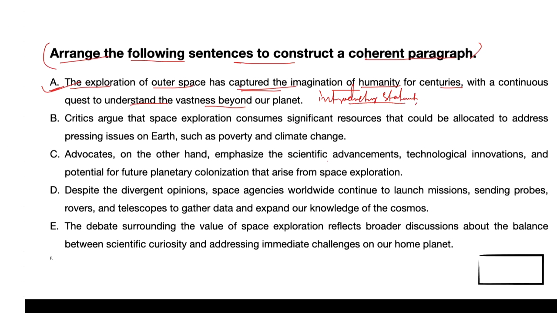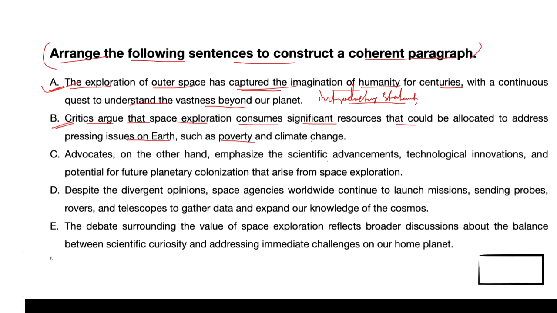But let's see option B. Option B stated: critics argue that space exploration consumes significant resources that could be allocated to address pressing issues on Earth, such as poverty and climate change.